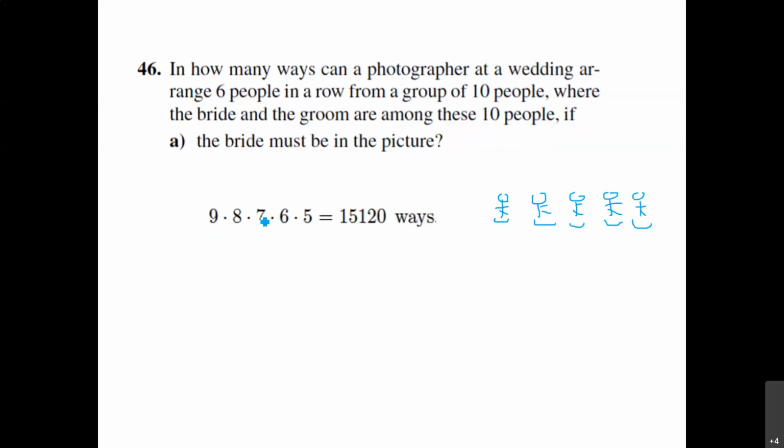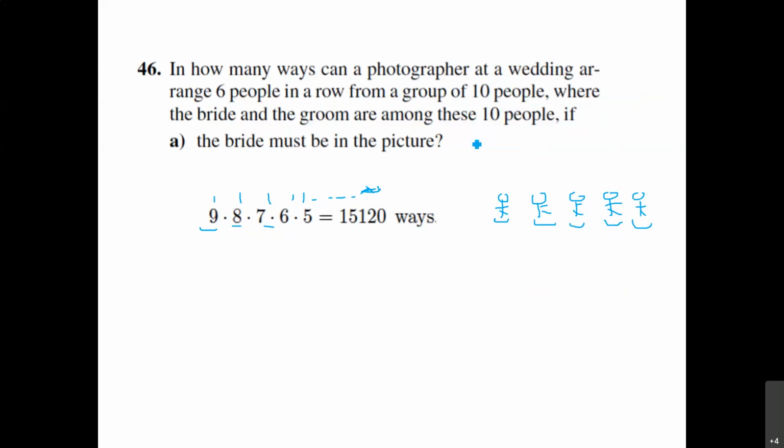So remember, we want 6 people, but we have 5 of them that are not the bride. So just choose any 5 people in whatever position possible. So you have 5 spots. And what are the possibilities? Just 9 times 8 times 7 times 6 times 5. Because when you remove the bride from the equation, you're left with 9 people. That's why you start 9 times 8 times 7 and so on. Not 9 factorial, because we're not going all the way to 1. We have 5 spots, and we're filling them with 5 people from 9 possibilities.